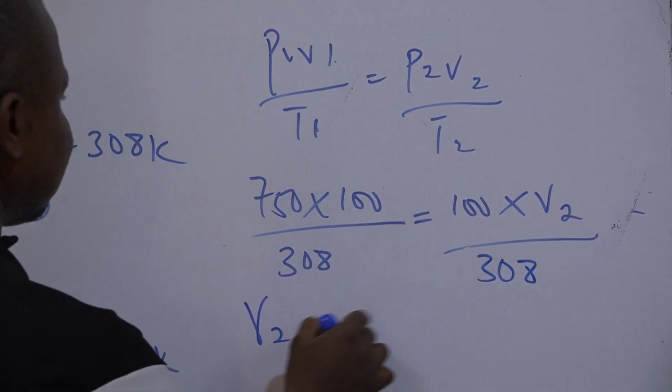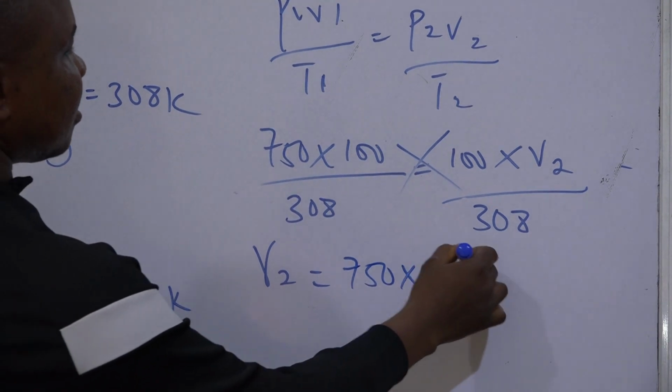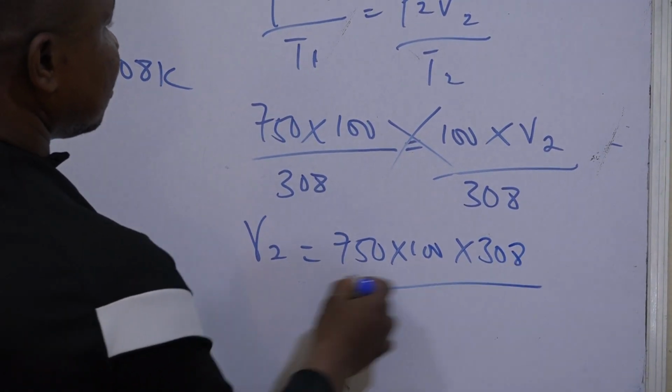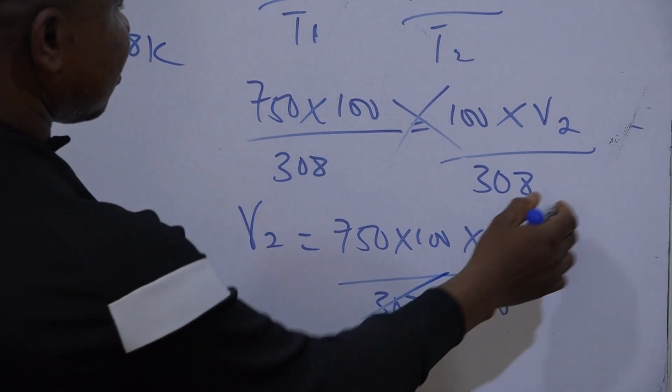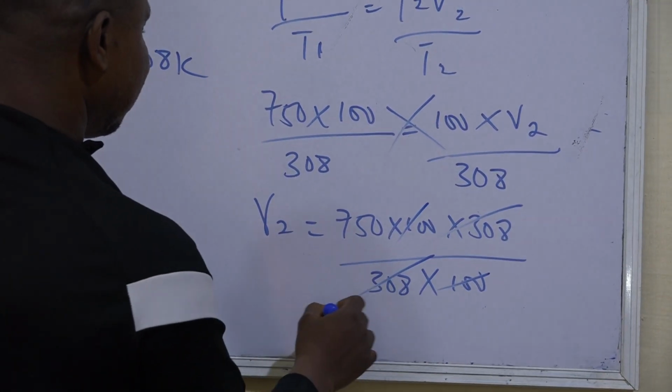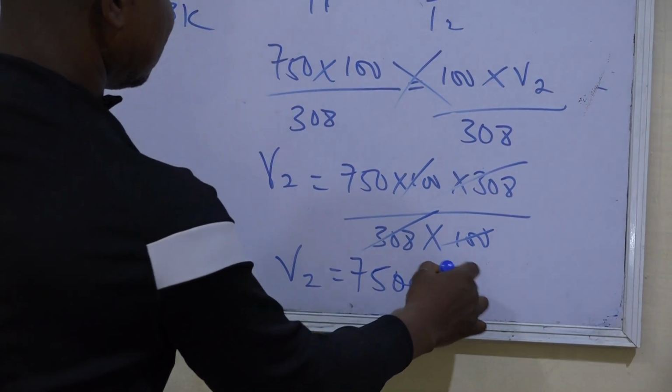So for V2, let's multiply: 750 times 100 times 308 divided by 308 times 100. This cancels this one, and this one cancels this one. My final answer is 750 mmHg.